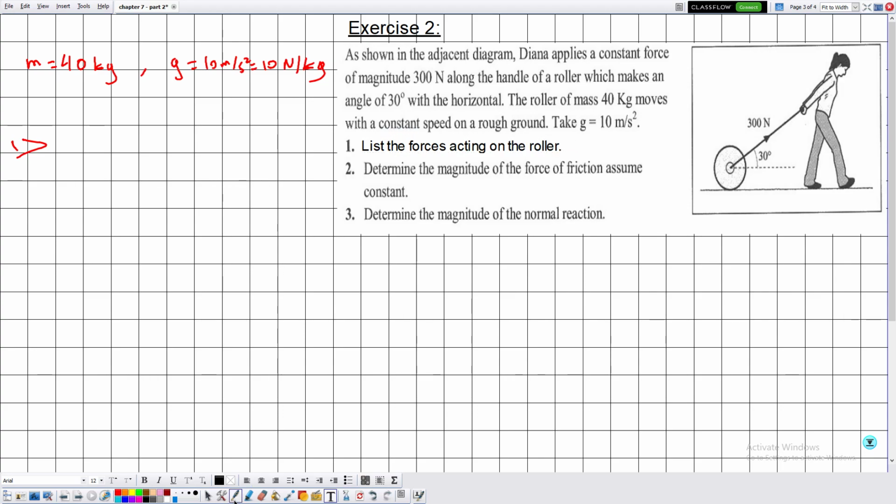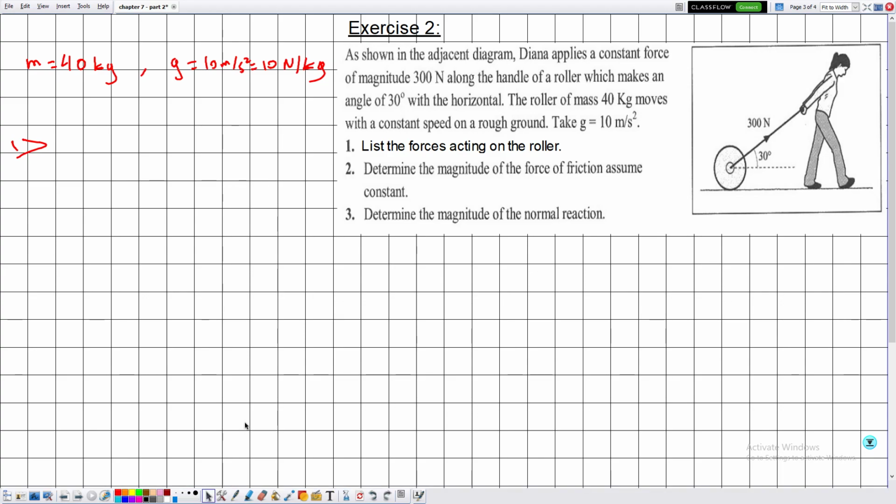Okay, so now let's list the forces acting on the roller.